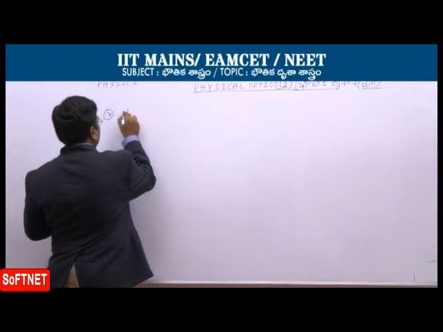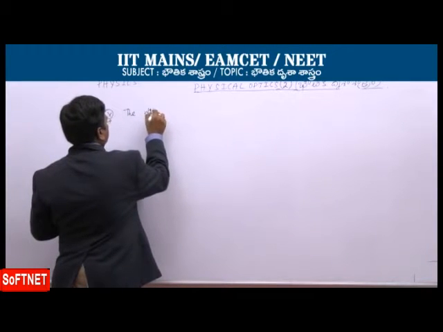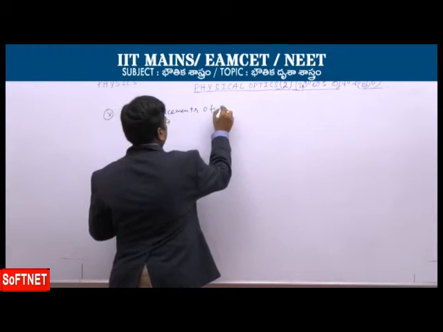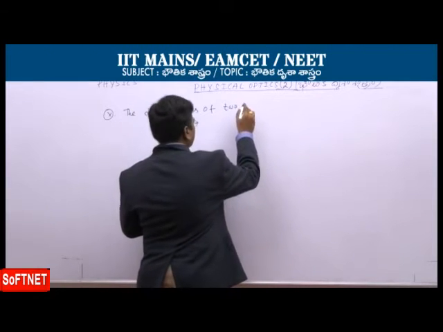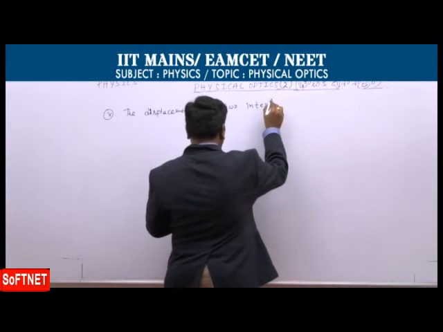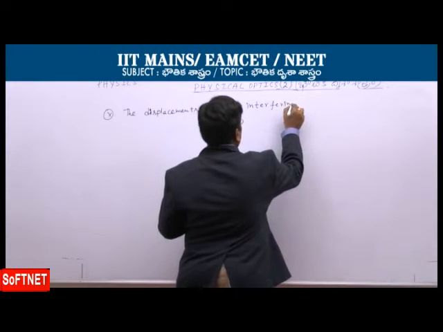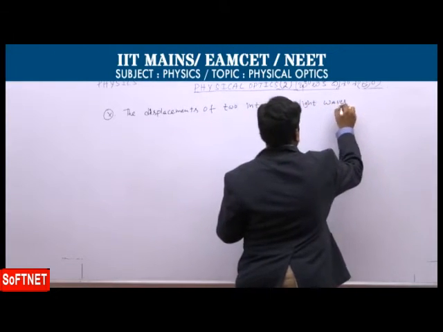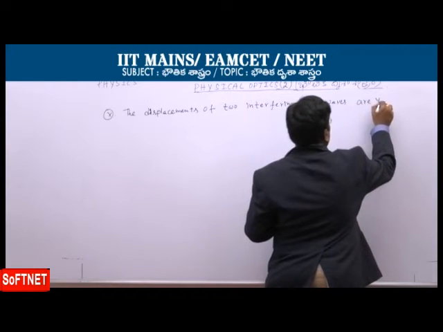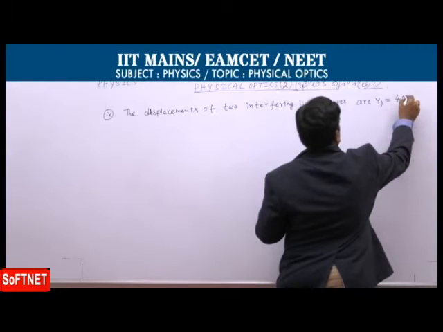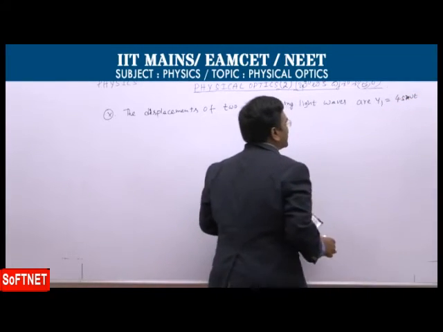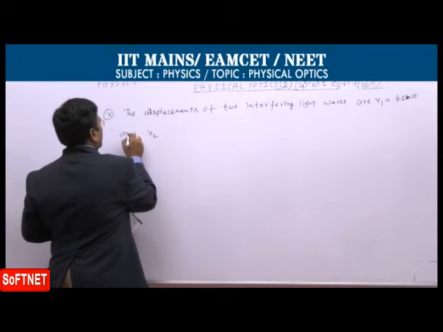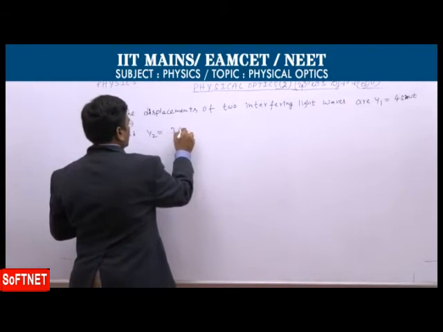The displacements of two interfering light waves are y1 is equal to 4 sin omega t, and y2 is equal to 3 cos omega t.